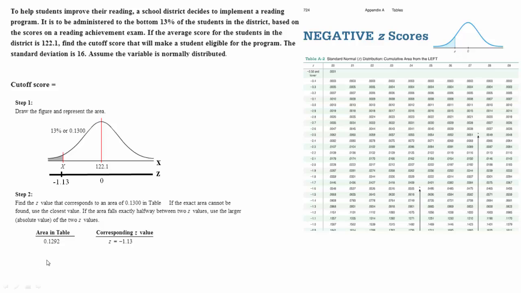So we look up 13%, and what we find is that 13% is between two values, namely 0.1314 and 0.1296.